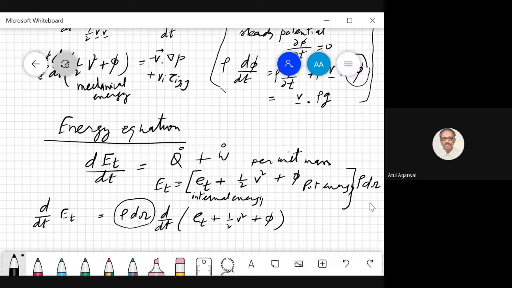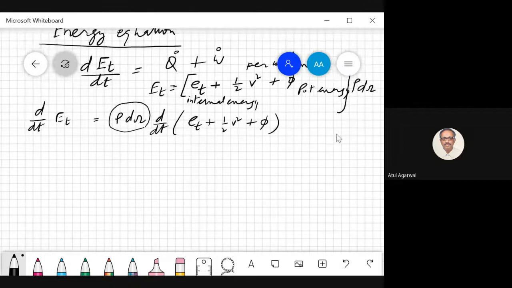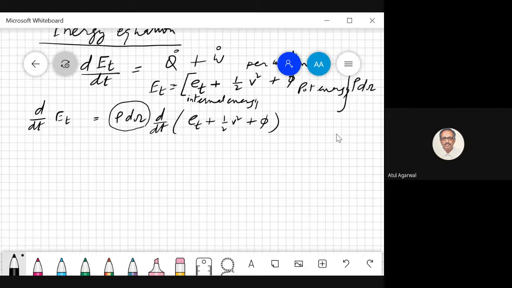Now we have to find this work W dot. So what do we do? We first take a volume. I have taken a simple case.